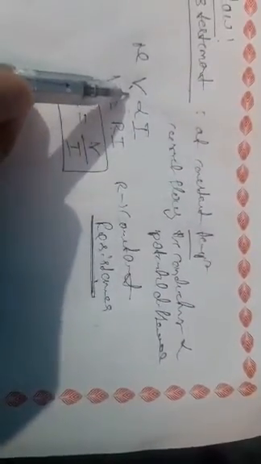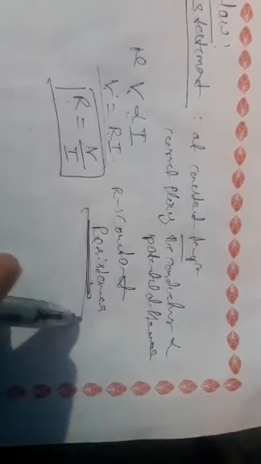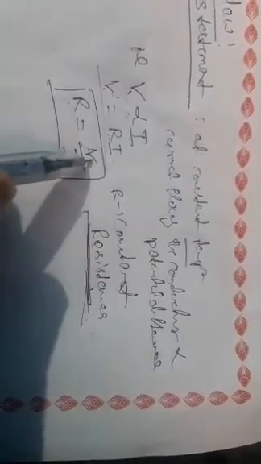Therefore, V is proportional to I. The potential difference is directly proportional to the electric current. V is equal to RI, where R is a constant, the proportionality constant, that is the resistance. The resistance is the ratio of potential difference per unit current.